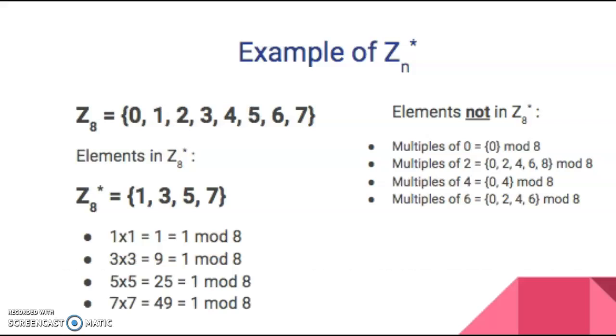Now, here is my example. If we consider the integers modulo 8, that is the set containing 0, 1, 2, 3, 4, 5, 6, and 7. Those are the possible remainders of a number when divided by 8.